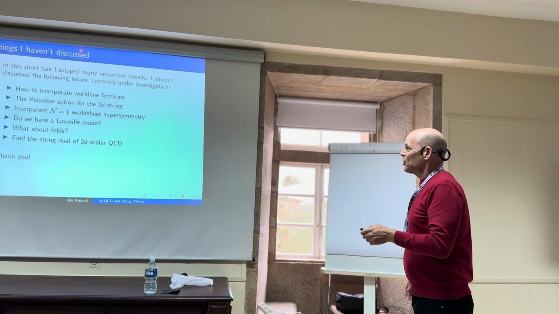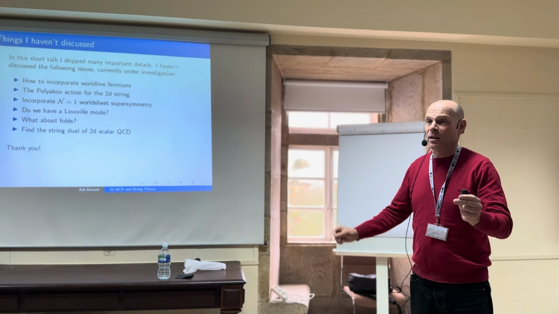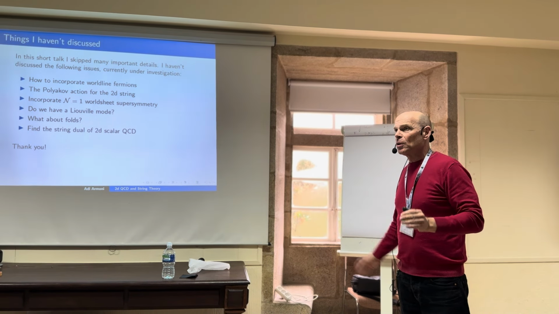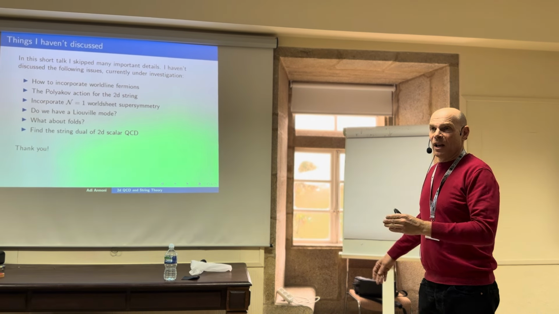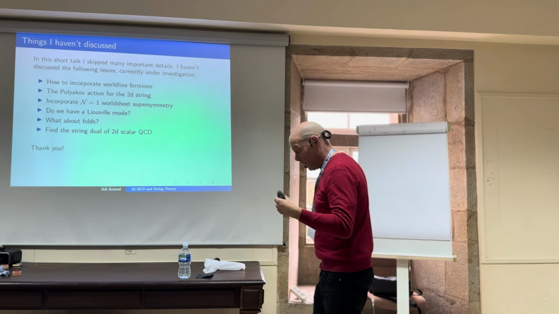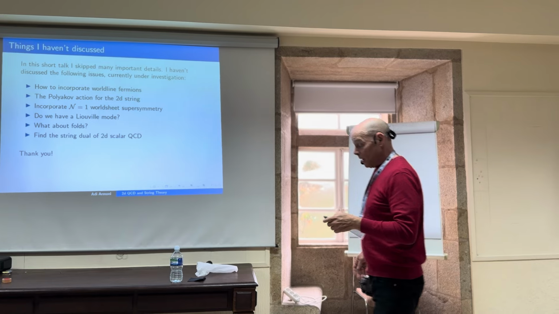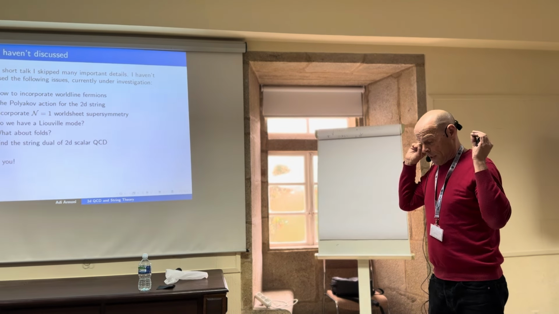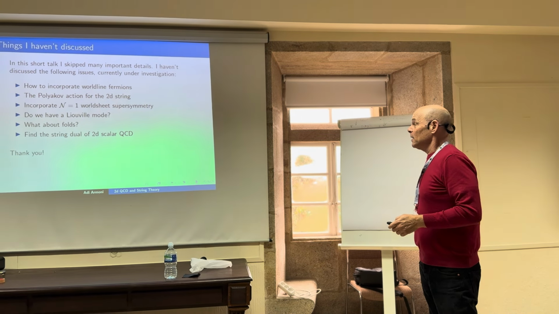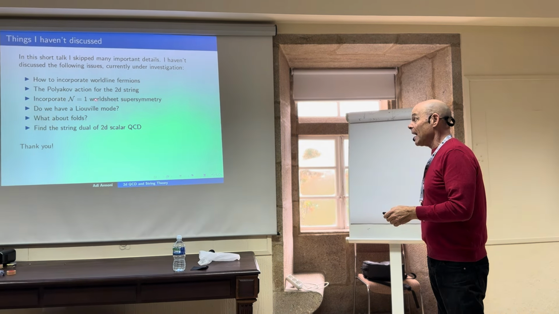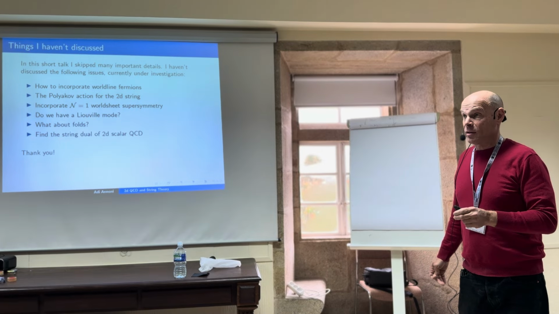So the first question is that, first of all, we need to add worldline fermions, otherwise we have scalar quarks. But we know how to do it. That's kind of standard. So we just, and the worldline theory is supersymmetric, which suggests that if you want to have fermionic quarks, and that's what we want indeed, we'll have N equals 1 worldsheet supersymmetry. So that's what we need.